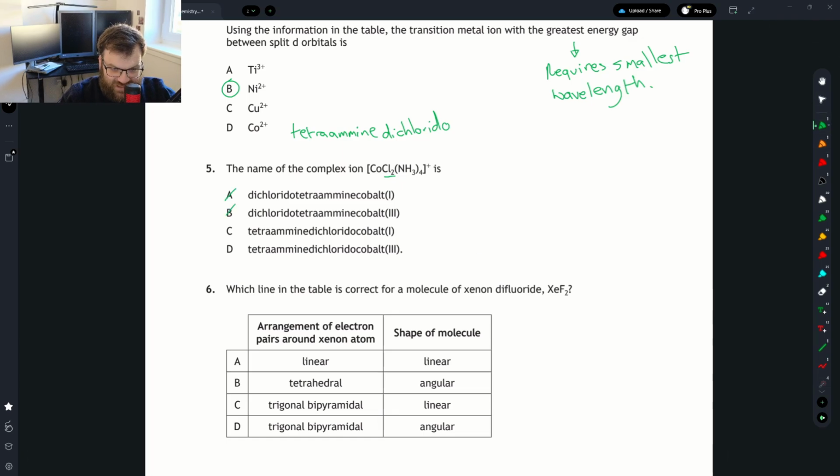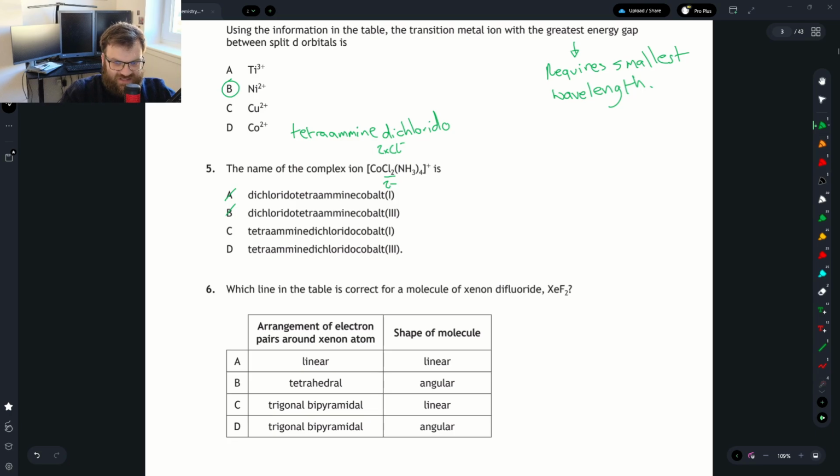Now, the only difference I can see here would be the charge at the end of it. What this is telling us is that overall, we have a 1+ charge. Chlorine is group 7. Chlorine would gain 1 electron to become 1-. We've got 2 of them here. So if you've got 2 times Cl-, we've got a charge of 2 negative from here.